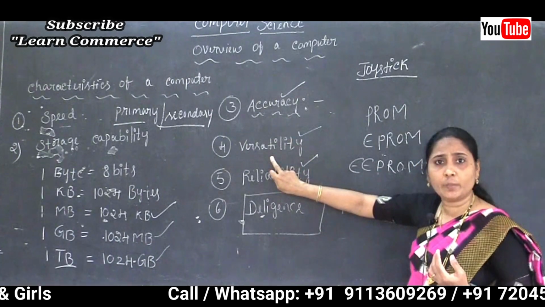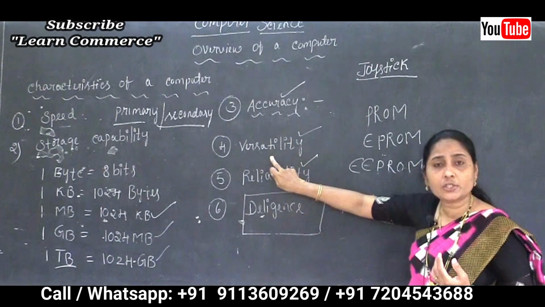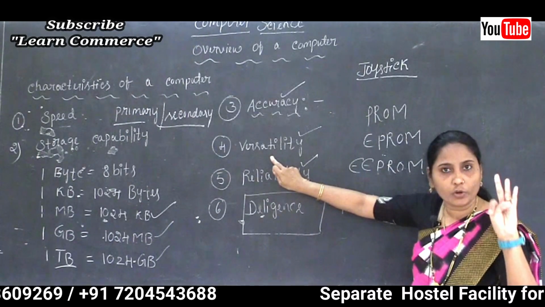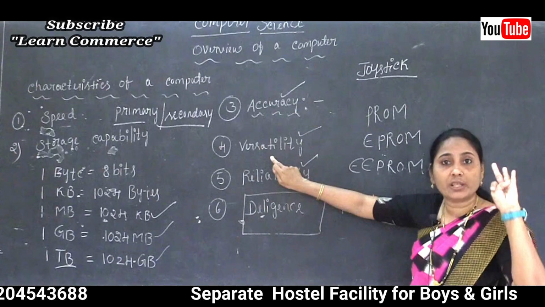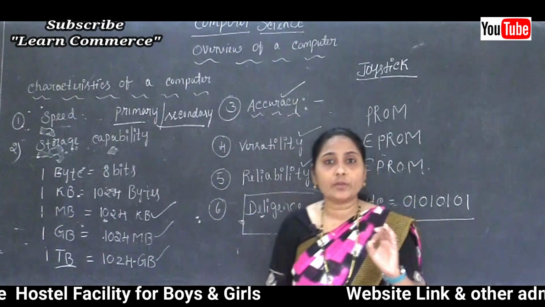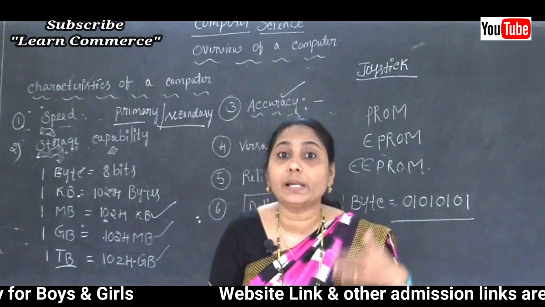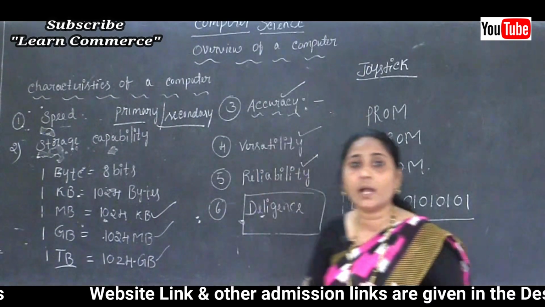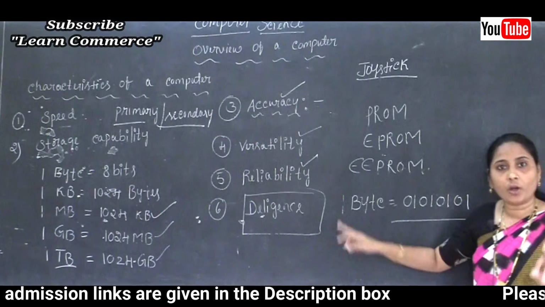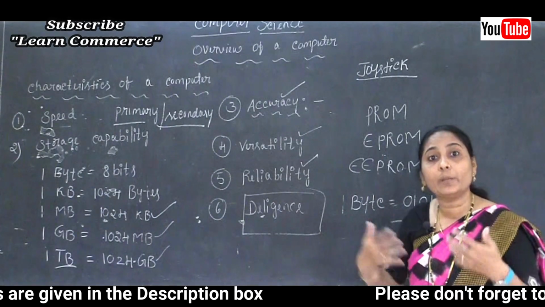And versatility means the computer is used to perform a variety of jobs like calculation, controlling machines here, as well as entertainment. And reliability means by using the computer we can perform repetitive tasks. Many times we can use the computer for any one work, or perform such work repetitively.